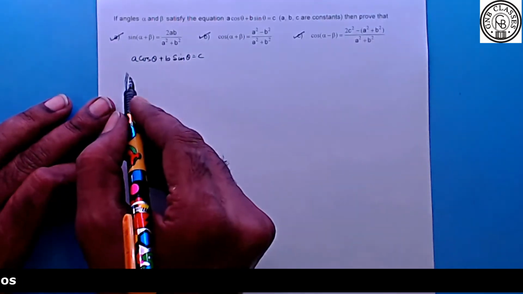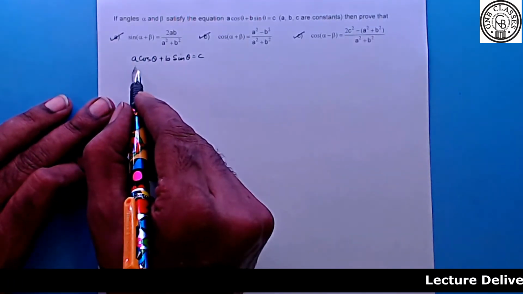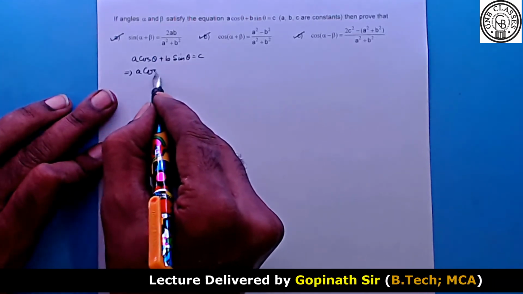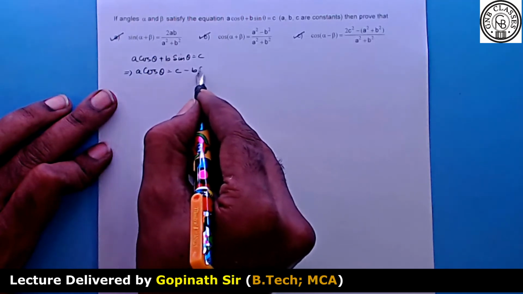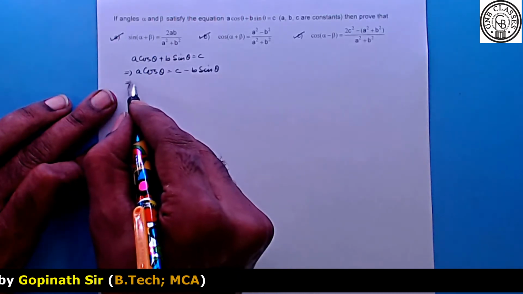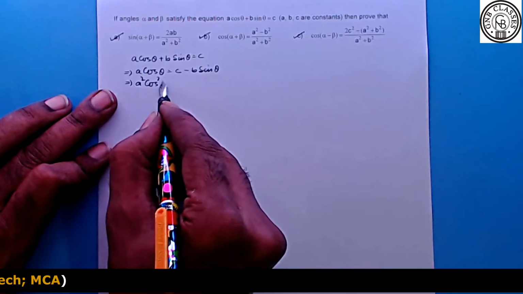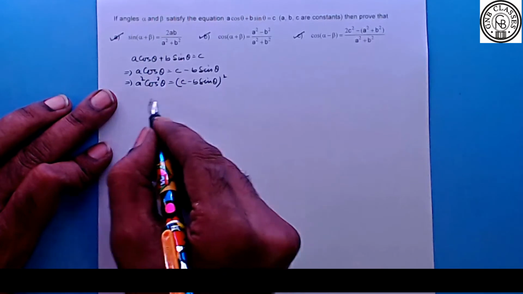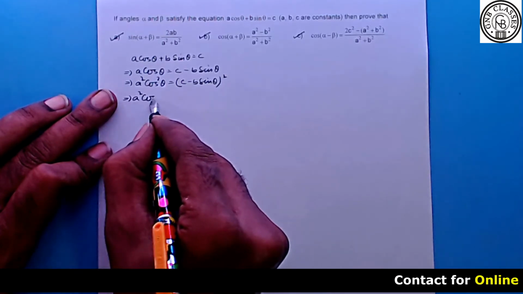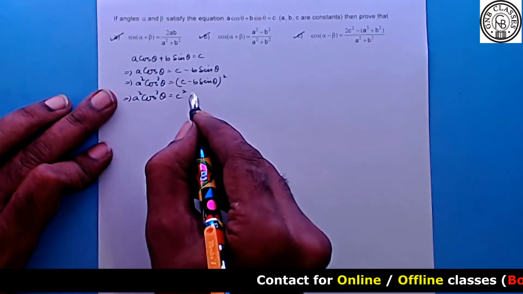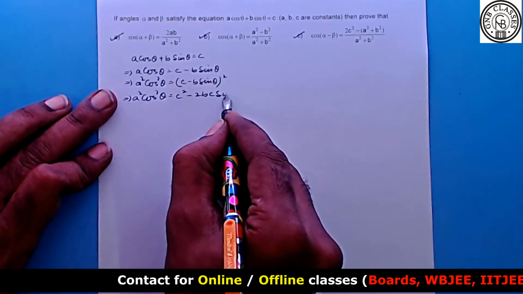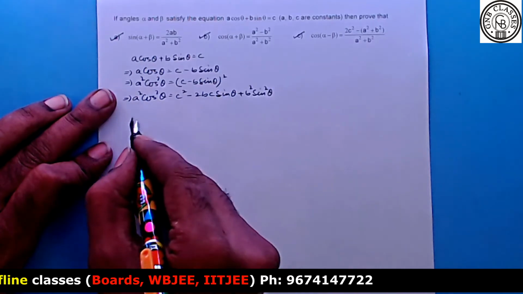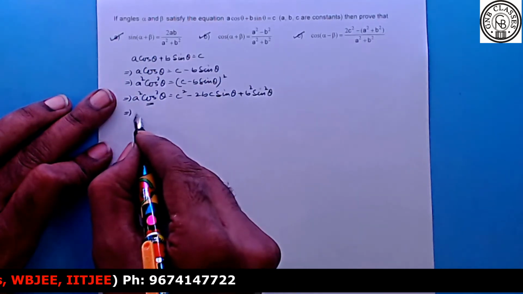So what I'm doing here is a little calculation. We have been given a cos theta plus b sin theta is c. So we can write a cos theta. Let me take b sin theta on the right hand side and let me square both sides. So we are having b square sin square theta, and in place of this cos square theta I am writing 1 minus sin square theta.